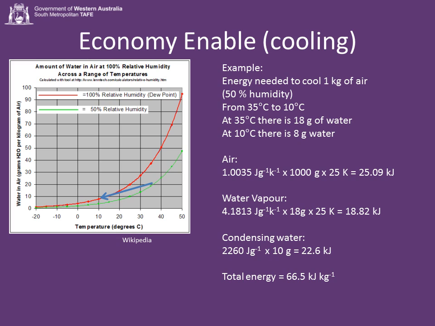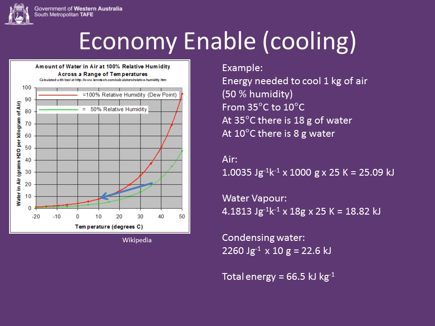Cooling down the air from 35 to 10, that's 25 degrees, will cost me 25.09 kilojoules. That's more than before. Cooling the water vapour from 35 to 10 is going to cost me 18.82 kilojoules.